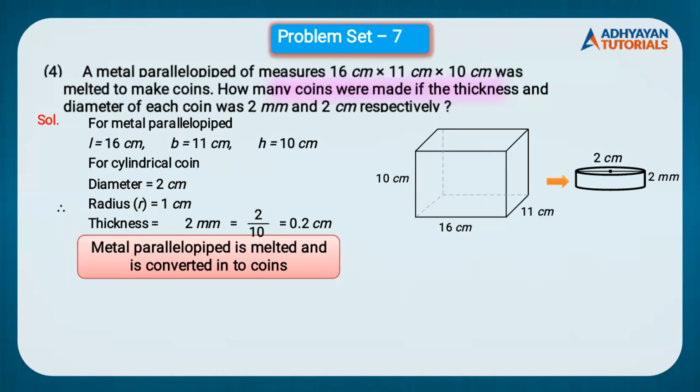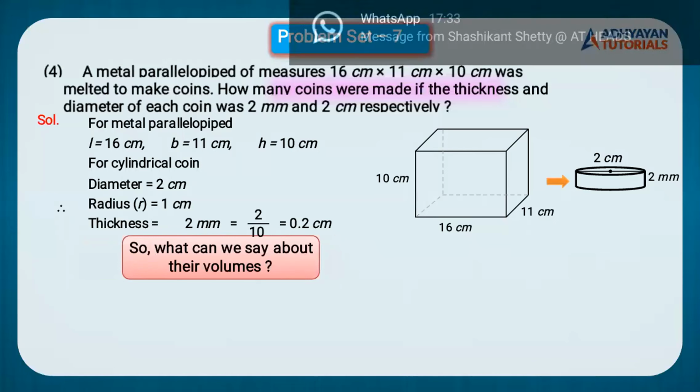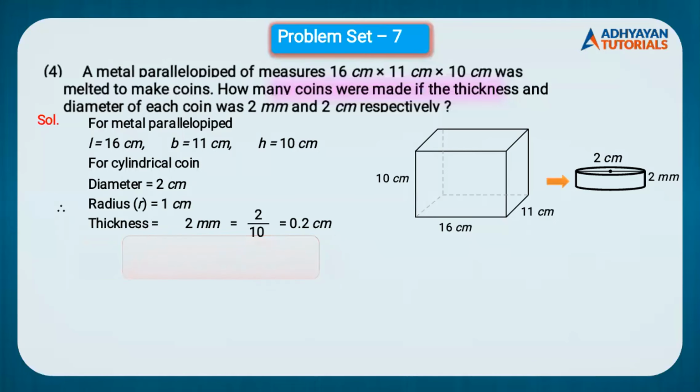So whenever the word melted comes in this chapter henceforth, it should be very clear in our mind that we are dealing with the volume of the objects in this sum. So since the metal parallelepiped is melted and coins are made out of it, what can you say about their volumes? Yes. We can say that their volumes are equal.